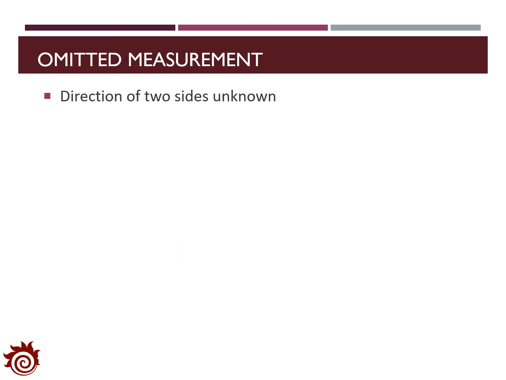Similarly, for the survey with the triangle, if we are given the distance of the two sides, but the directions of the two sides are unknown, then it's possible that we will get two solutions.